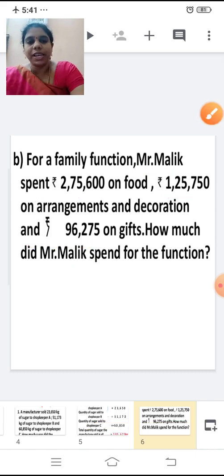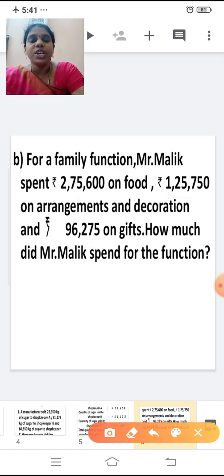See, Mr. Malik, he is having one function. So for that, how much he is spending? Rupees 2,75,600 for food. And 1,25,750 for arrangements and decoration. Usually for a function, we'll decorate, right?